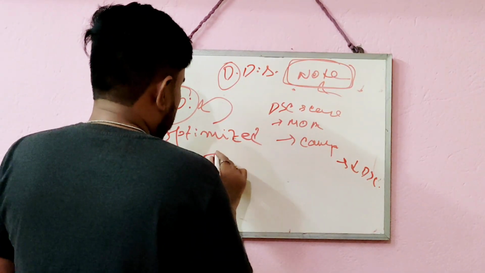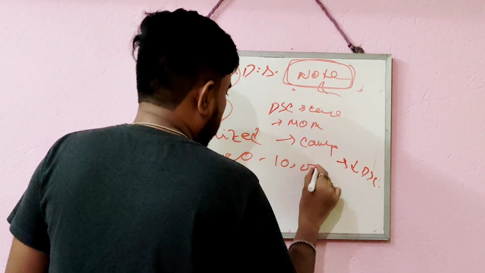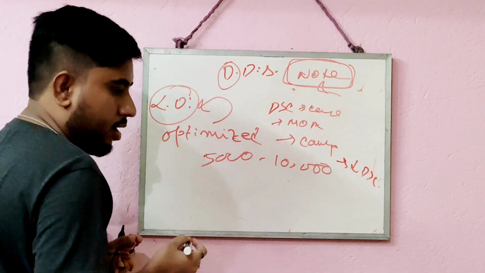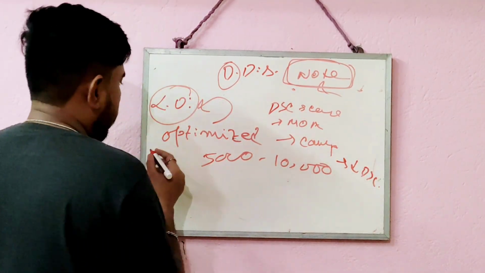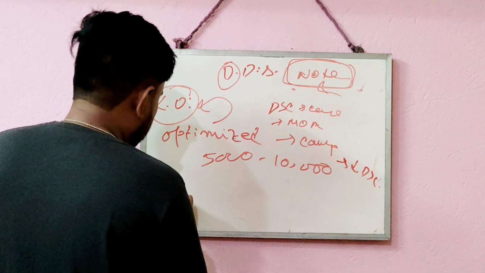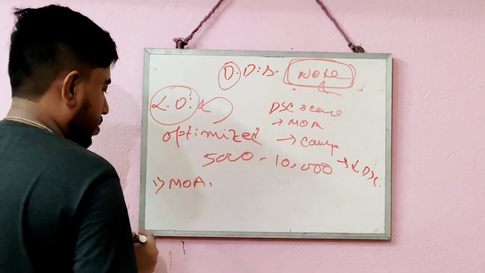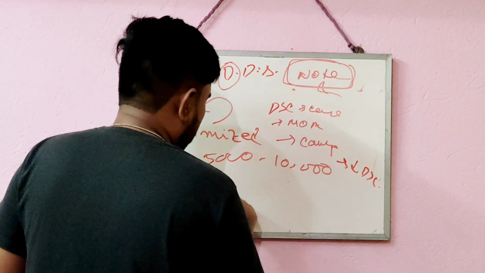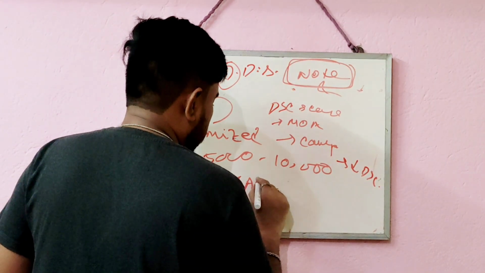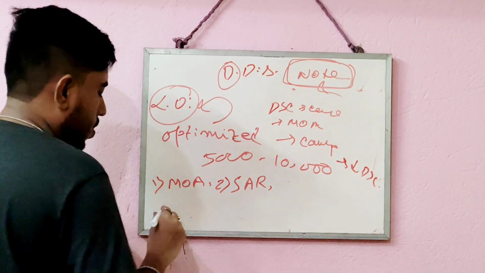Those 5,000 to 10,000 compounds can be optimized by different methods, like what can be the possible mechanism of action of that compound. Second is what can be the possible structure-activity relationship of that compound.